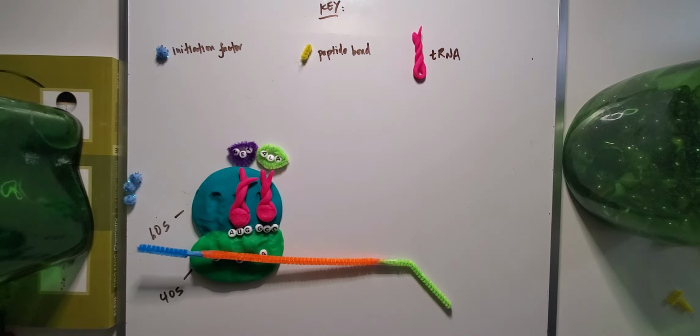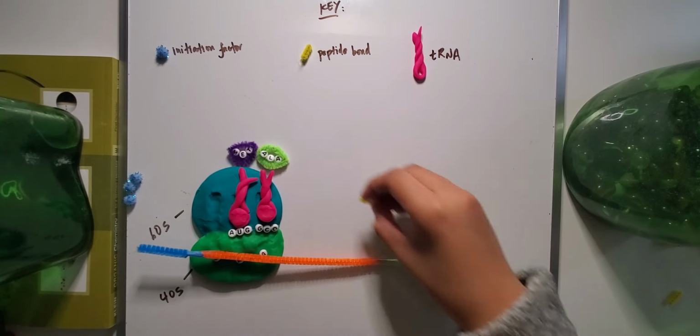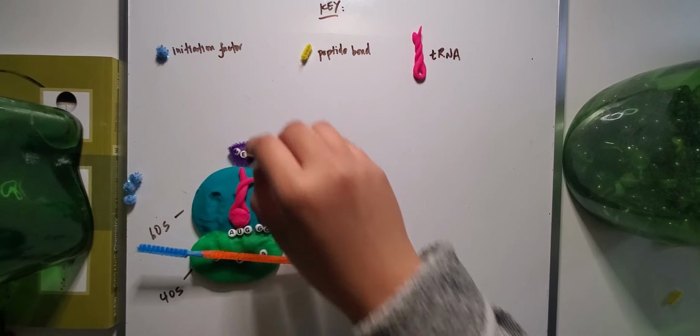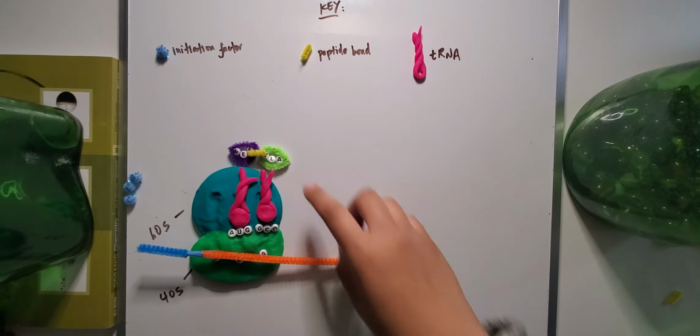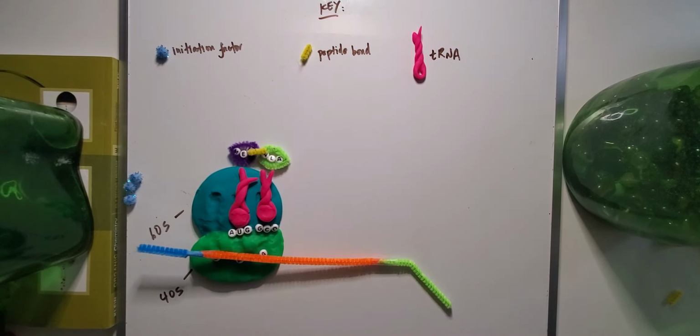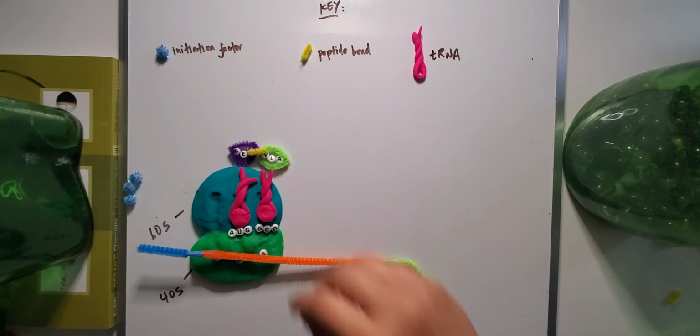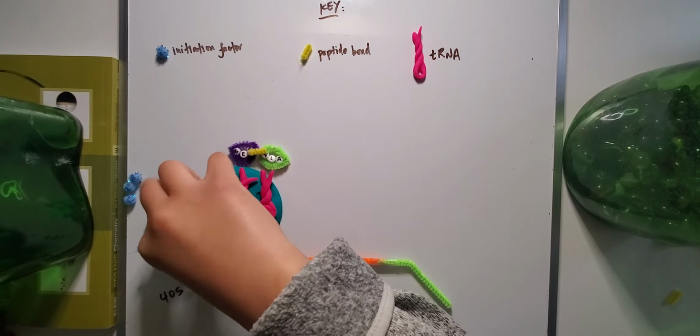So at the P site is where the peptide bond begins to take form between the 2 amino acids within the P and A site, and that peptide bond will be presented as this little segment. So once the third tRNA comes in with its respective amino acid, another peptide bond will form between the P and A site. So everything will shift over again.